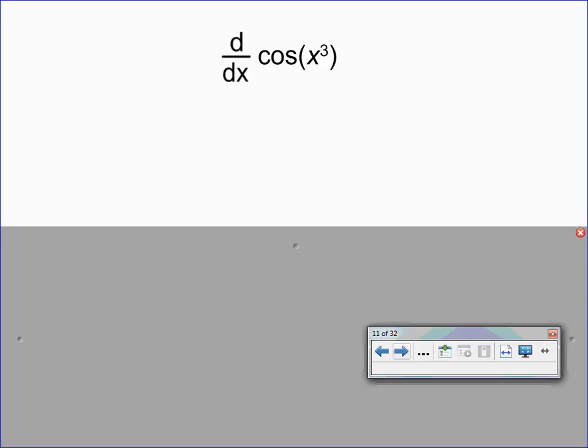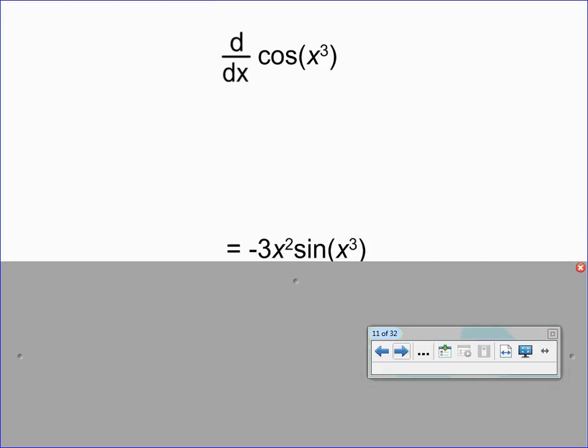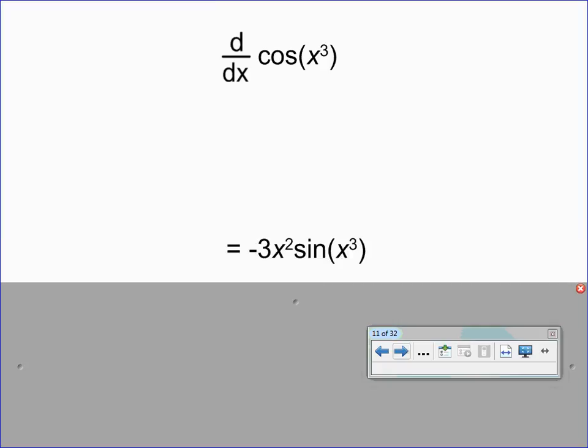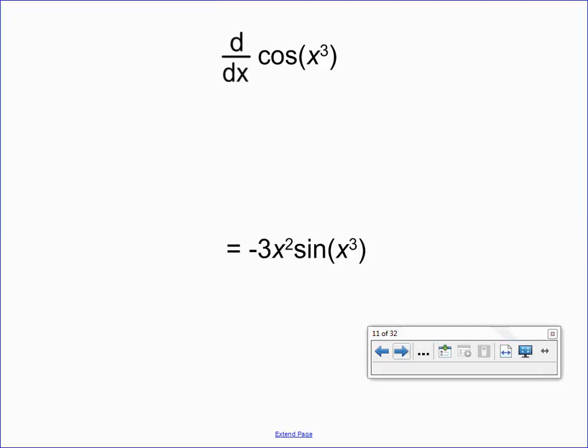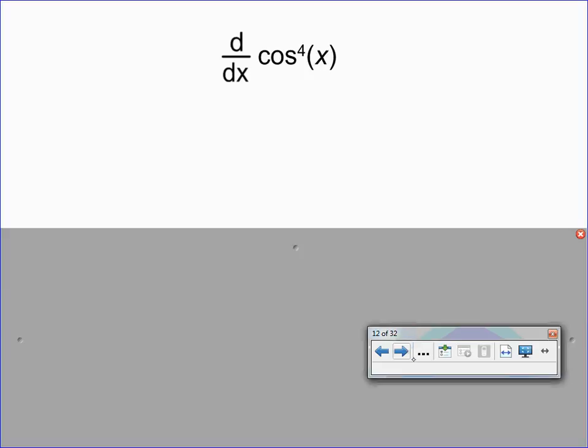Number 3. Negative 3x squared sine of x cubed. You're correct. Plus 10. Derivative of, get ready. Number 4.